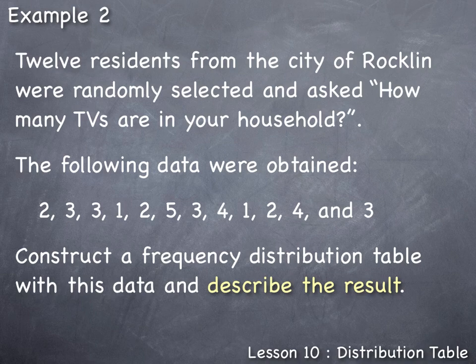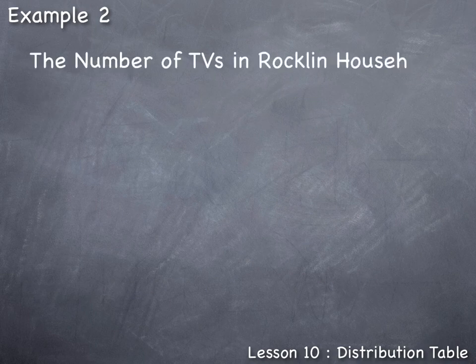Titles need to communicate the data and the population from which the sample was collected. In this problem, the data were the number of TVs, and the population where the sample was collected from was Rockland households. So a descriptive title for this type of data would be the number of TVs in Rockland households.